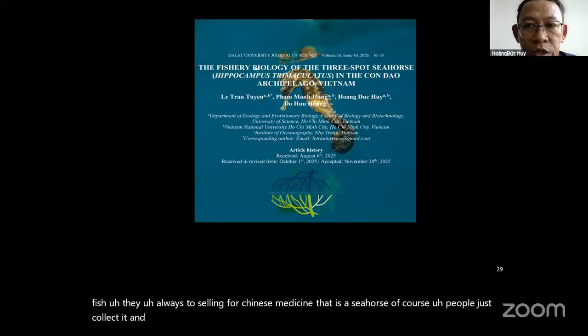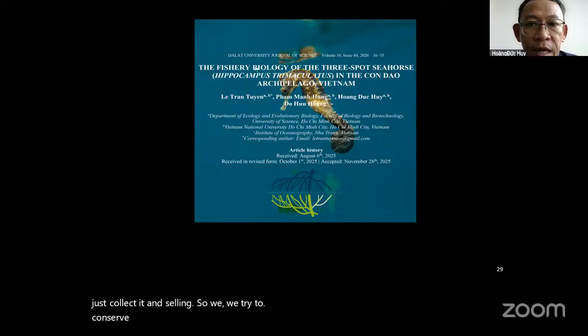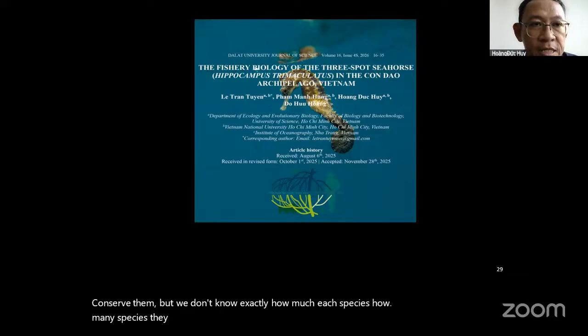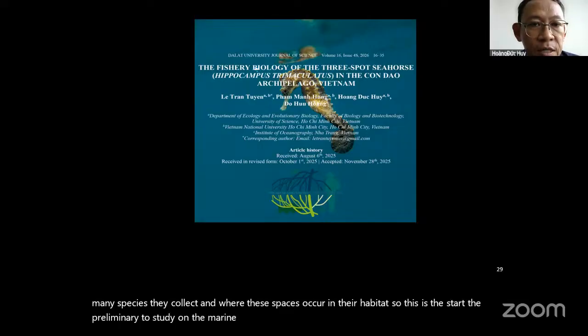We try to conserve them, but we don't know exactly how many species they collect, how much of each species, and where these species occur in their habitat. So this is the start, a preliminary study on the fishery biology of the three-spot seahorse.